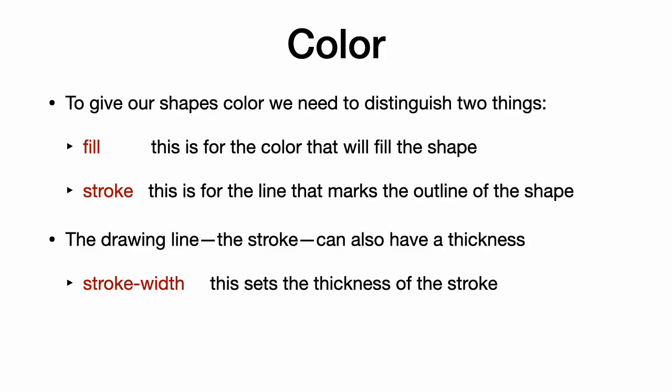The first color is called fill, and the second color is called stroke. Apart from the color, we will also want to say how thick the line around the shape should be. Should it be just a very thin line, almost invisible, or should it be a very thick line? Or maybe we don't want any line at all. We can set this using stroke width.